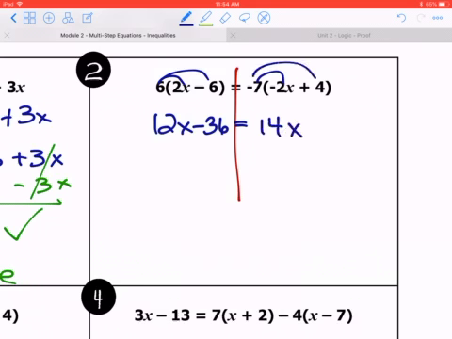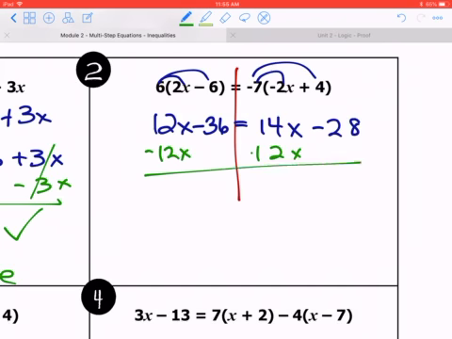Negative 7 times 4 is a negative 28. Now notice this one does not have the same variable, so we're actually going to be able to solve this one. I'm going to subtract the 12x from both sides. So we get negative 36 is equal to 2x minus 28.